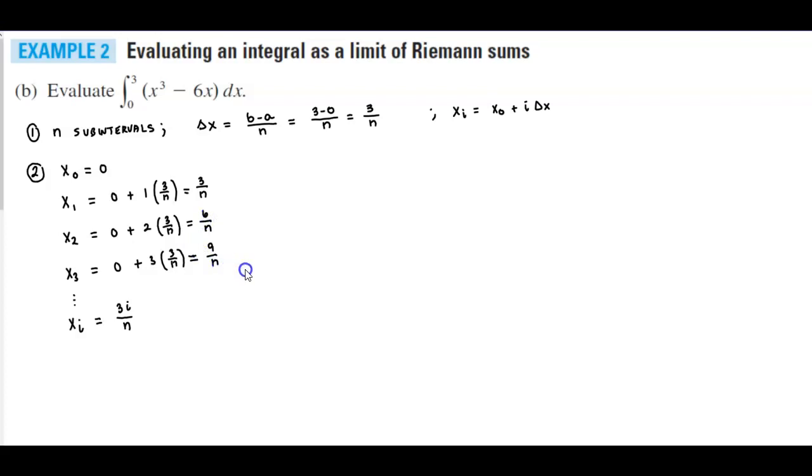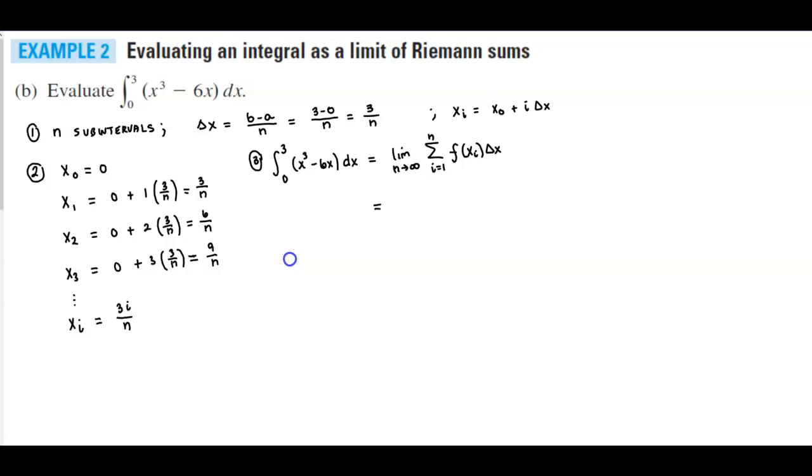Now we want to determine this limit. We're going to take this integral from 0 to 3 of x cubed minus 6x dx, and write it in terms of a limit as n approaches infinity of the summation from i equals 1 to n of f of x subscript i times delta x.